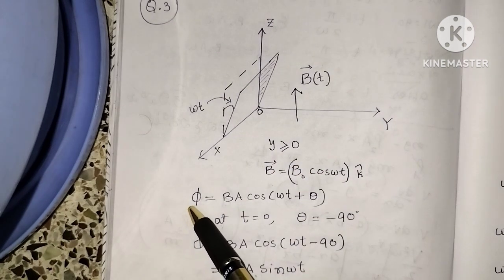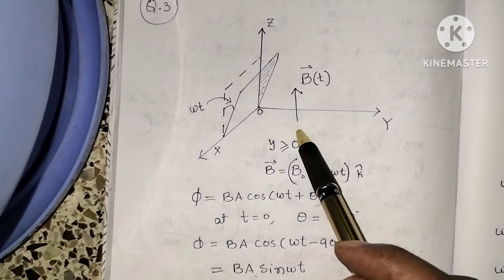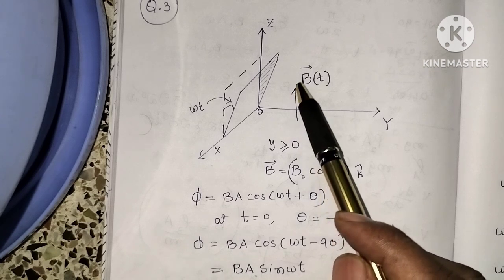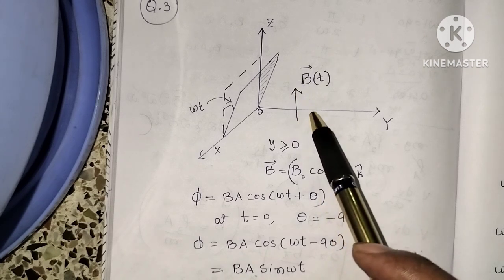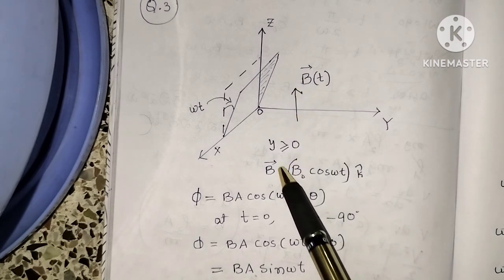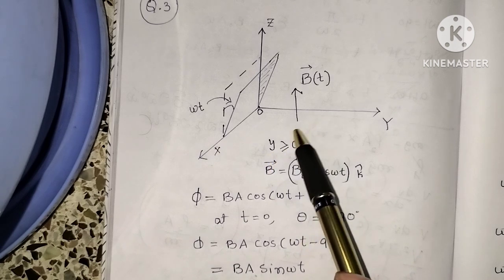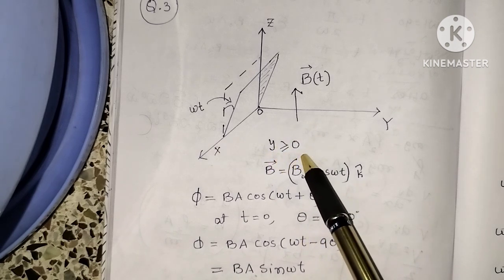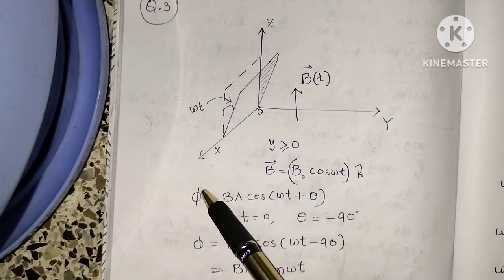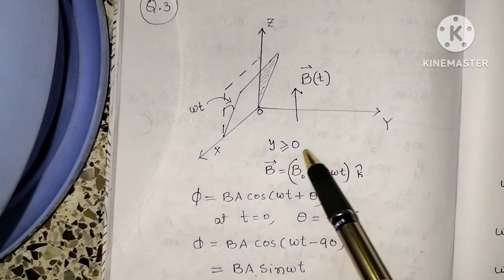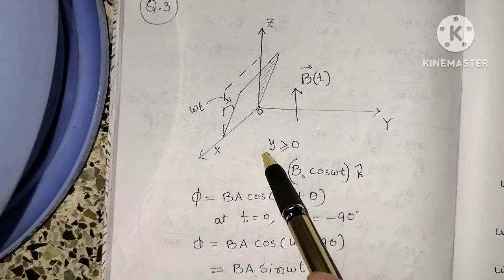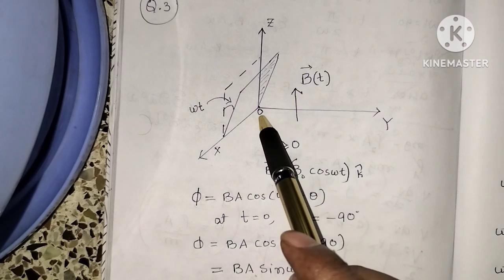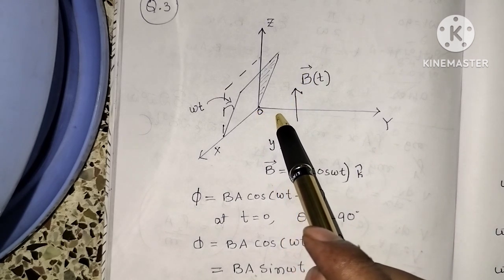The magnetic field is along the positive z direction, and the magnetic field is available when y is greater than or equal to 0. At the remaining places the magnetic field is 0. So the magnetic field exists only here, where y is greater than or equal to 0.